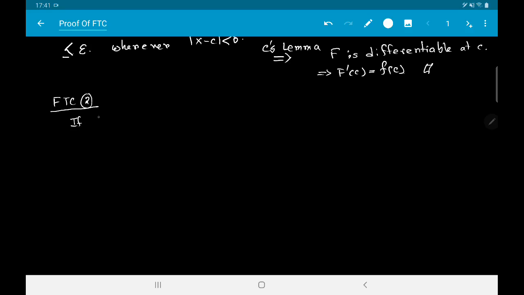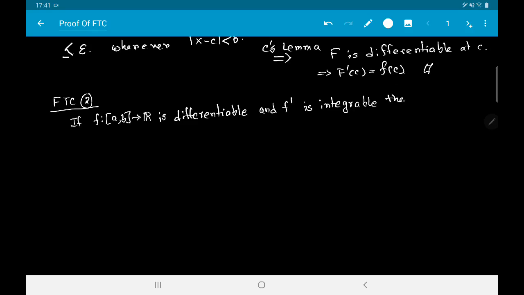It said that if f from the closed interval [a, b] to R is differentiable, and f prime is integrable, then we have the integral from a to b of f prime(x) dx is equal to f(b) minus f(a).